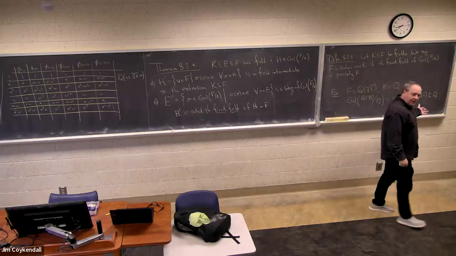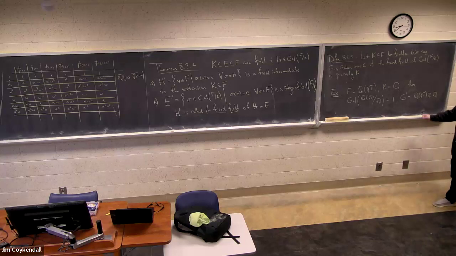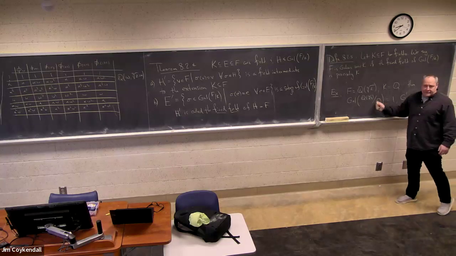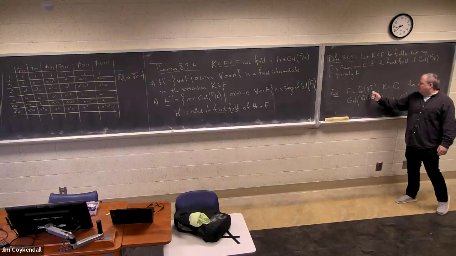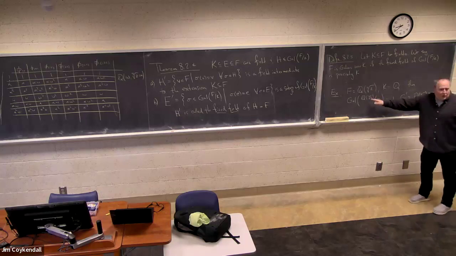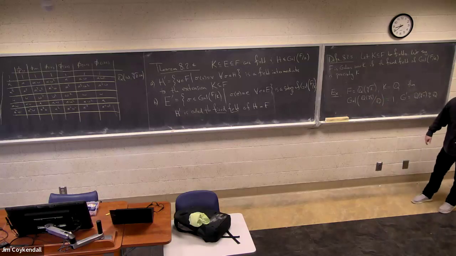So in this example here, we would say that this field is not Galois because the fixed field of the Galois group is too big, right? It exceeds what it's supposed to be.